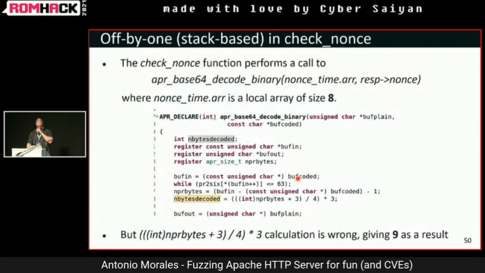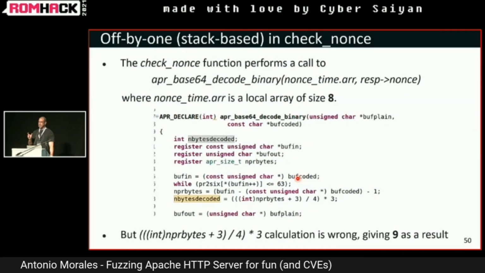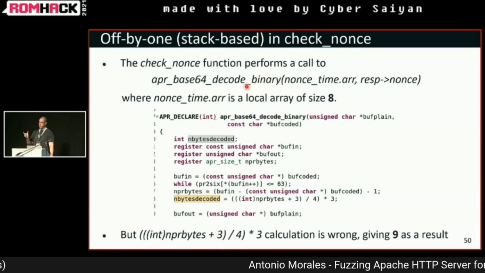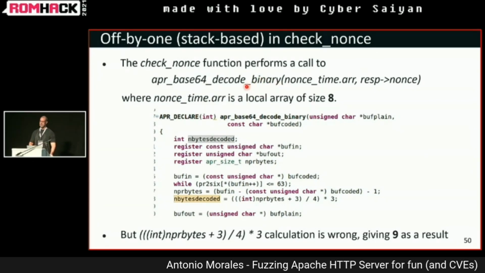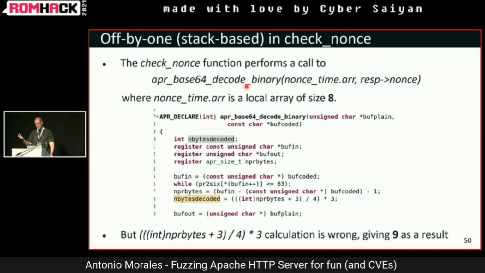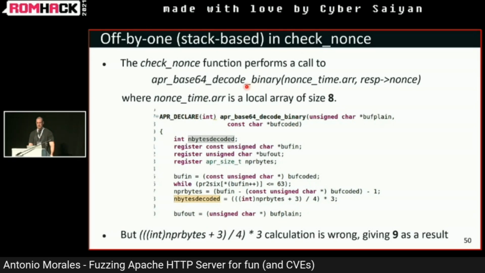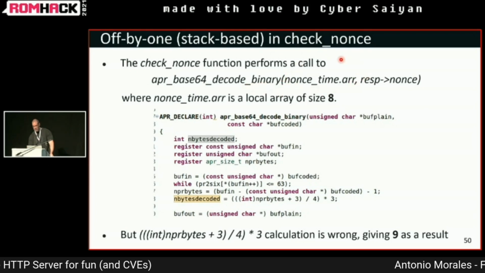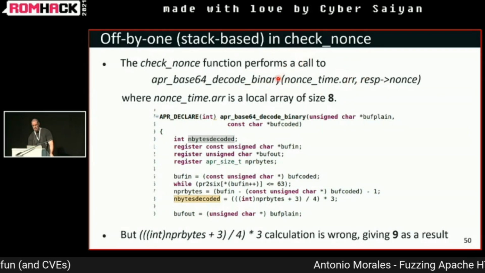So then the check_nonce function does a call to the base64 decode binary in order to decode this base64 value. The thing is that the first argument is a local array of size 8. This is the first argument.